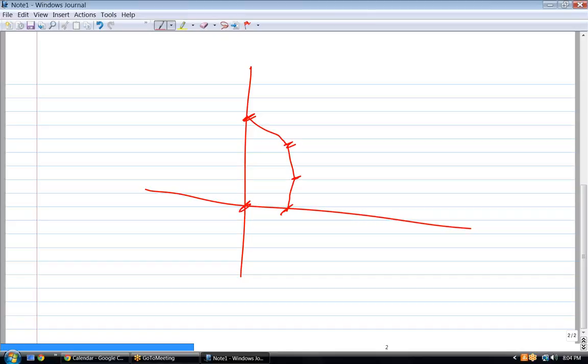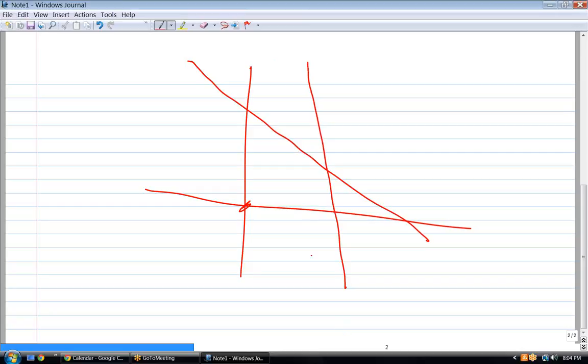Pretty much all the ones we've been doing have two lines, so it's where they intersect. That's the tricky part: you have to figure out where they intersect. You might have a line like that, and another line like this, and this is your area. You check this point, that point, and that point. The only one that's tough is that one, because you have to solve the two equations to figure out what that point is.